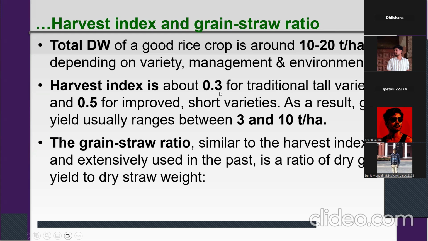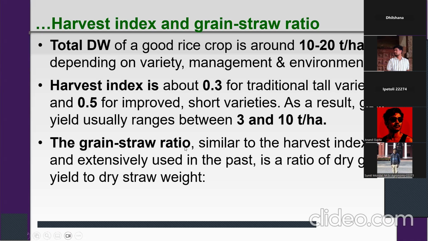Harvest index is about 0.3, say 30%, for traditional tall varieties and 0.5 for improved, high yielding, short duration varieties. As a result, the grain yield may range from 3 tons per hectare in the traditional variety to the highest 10 tons per hectare in the high yielding varieties.